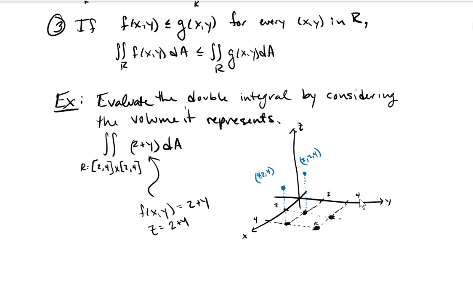And let's see what happens. It looks like we have the same height at both of these. Let's see what happens at (2, 4) and (4, 4). Well, if you look closely, at (2, 4) we get a height of 6 out of the function. And same here.